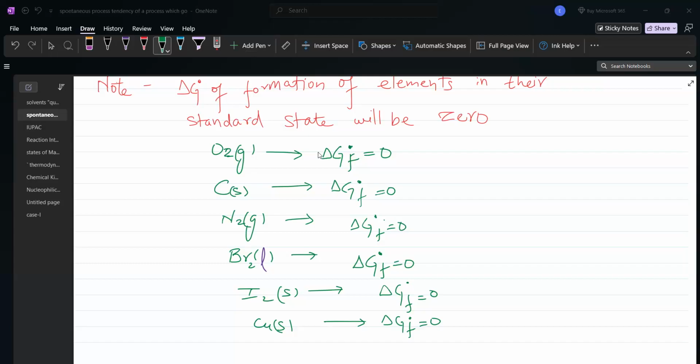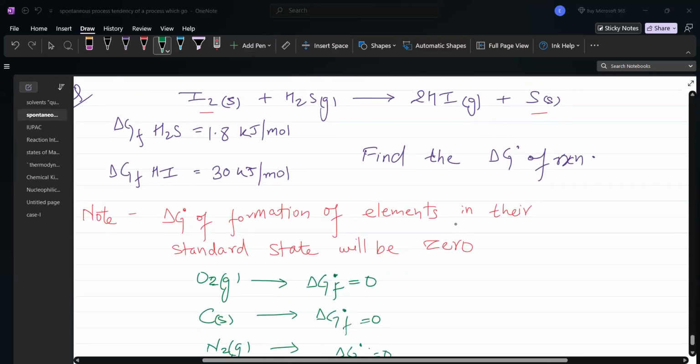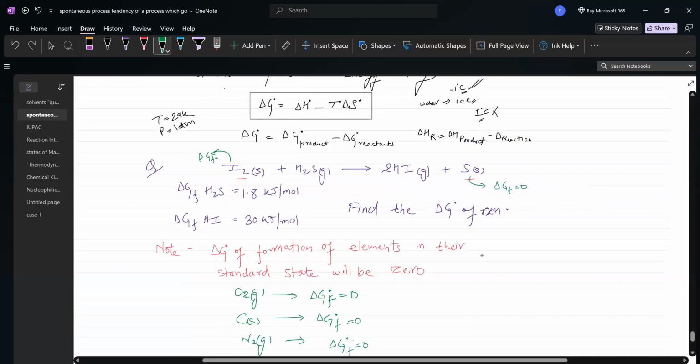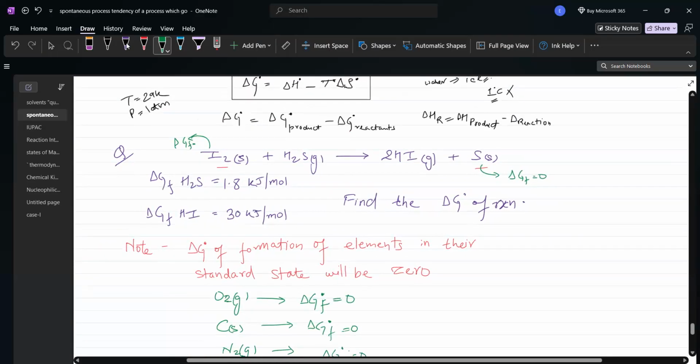Yes, sir. Okay. Ali? Yes. So in this question, why is this not given? Because delta G of formation of this is 0, and this is also 0. We will just apply the formula and get the answer.